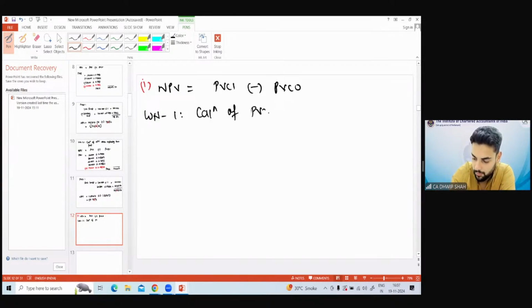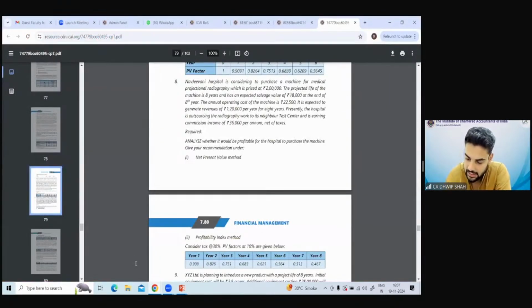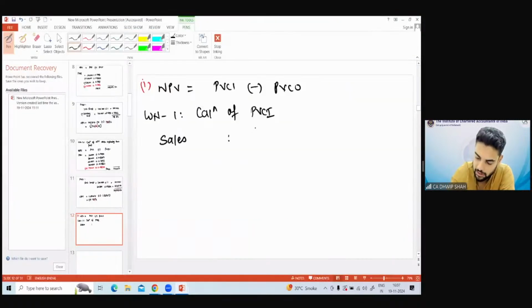Calculation of PVCI. Can I say by buying the machine, it will generate sales of rupees 1,20,000 per annum? Yes or no? But not just sales, there would be some operating cost as well.